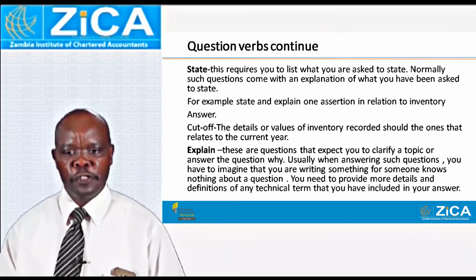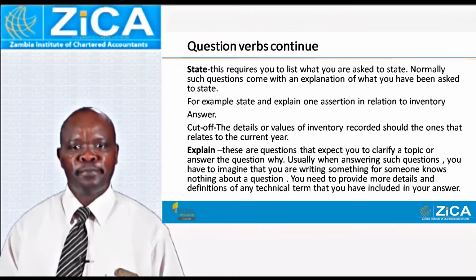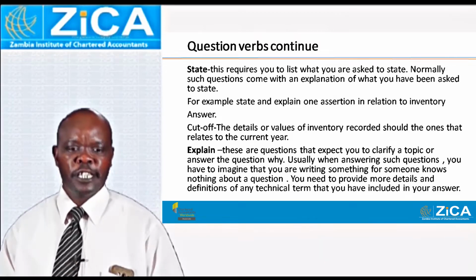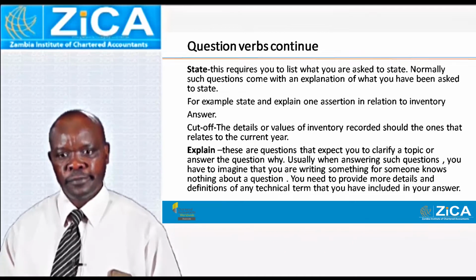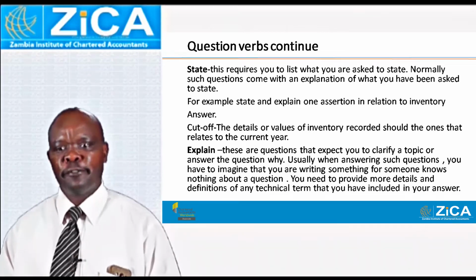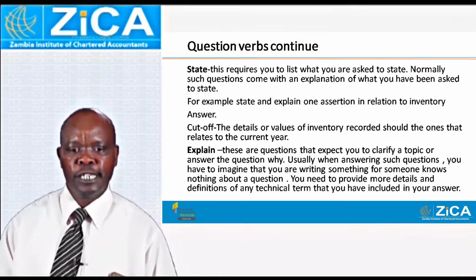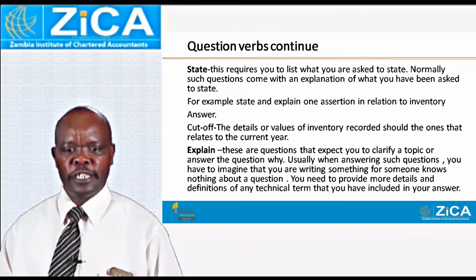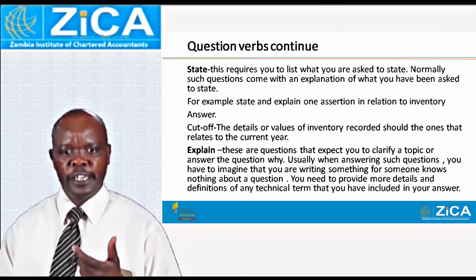And hence if you go through the examiner's reports, you'd find some people have only stated, meaning they would lose the marks for the explanation. So these kinds of questions are normally referred to as composite questions. They state and they explain. So you lose marks if you just pay attention to one particular verb. So next time you're writing an audit paper, please pay attention to what kind of questions have been given to you in the exam.